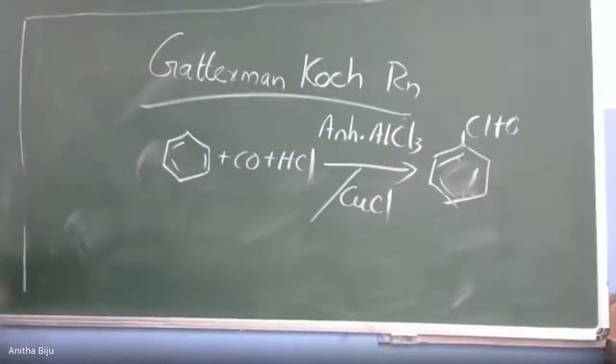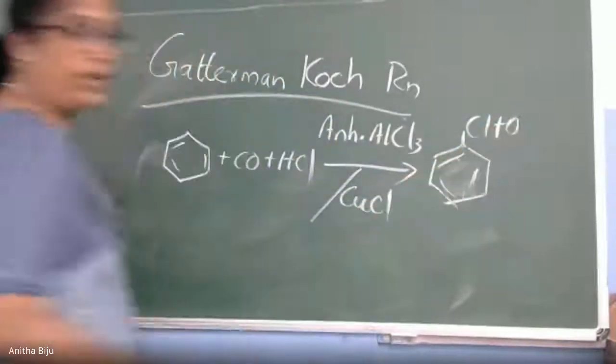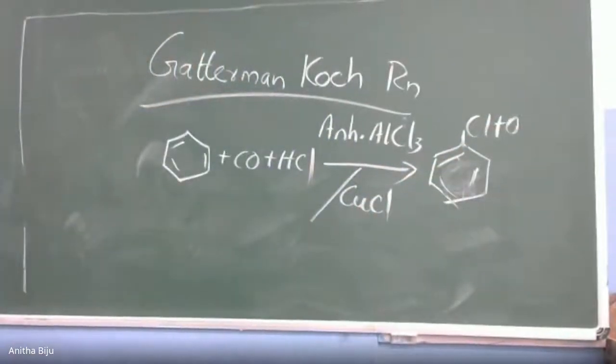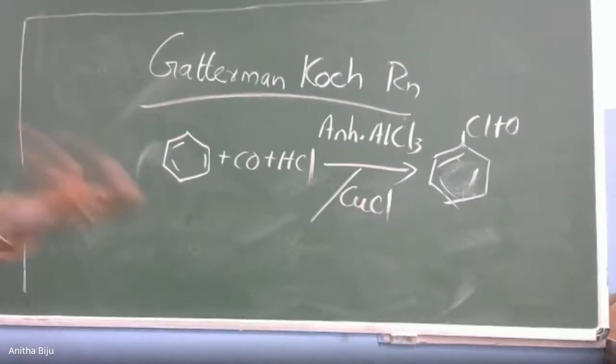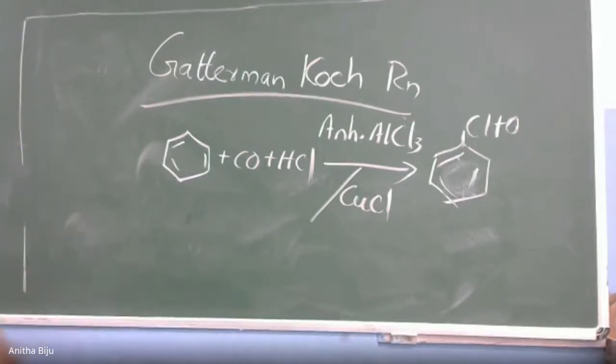So this reaction is known as the Gattermann-Koch reaction, where benzene is converted into benzaldehyde. That's why this reaction is important for conversion. Because in previous methods we used toluene or side chain containing benzene, but in this case we have used only benzene, and it is also a name reaction.